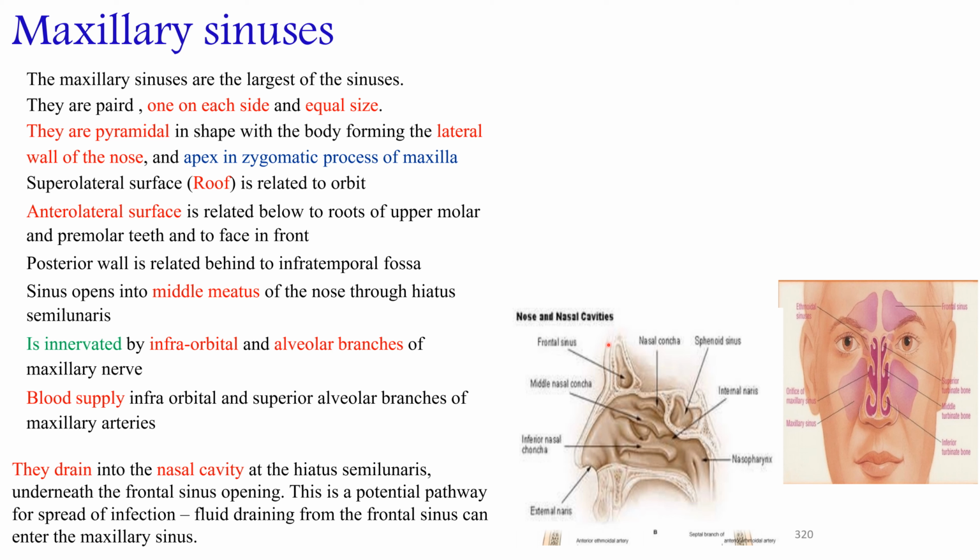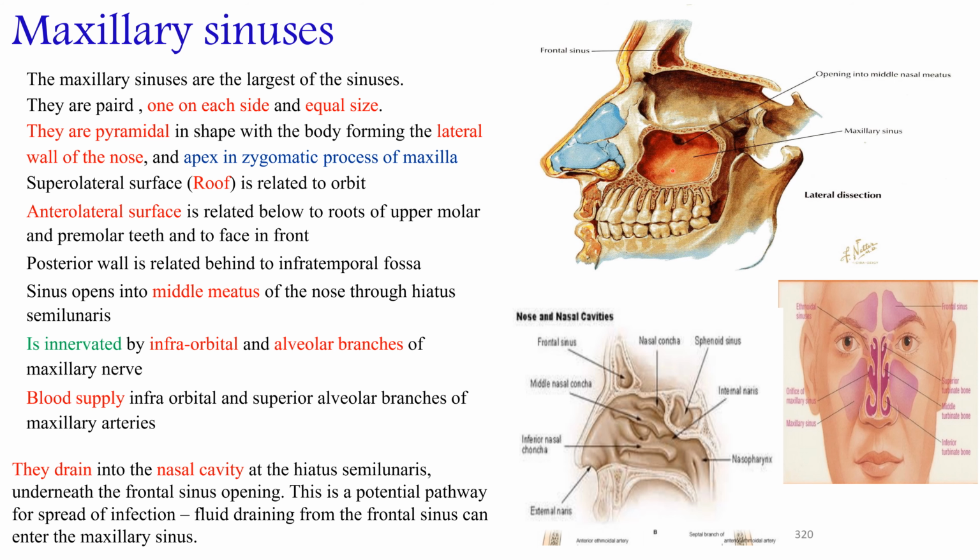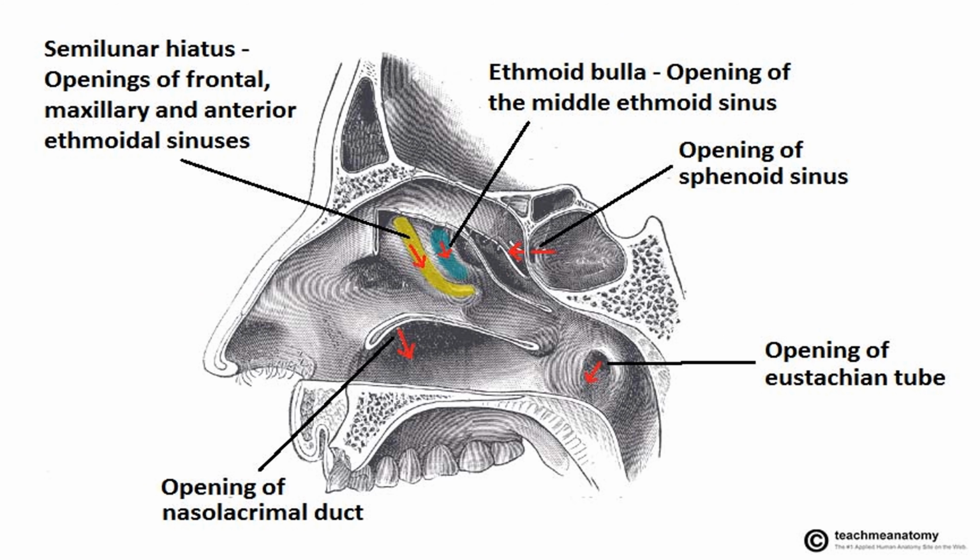Sometimes an infection in the frontal sinus may affect the maxillary sinus because they are close together. You look here, this is the maxillary sinus, this is the frontal sinus, and the openings are very close.